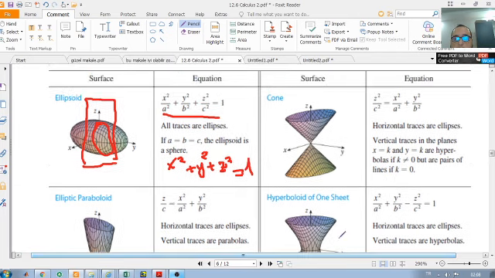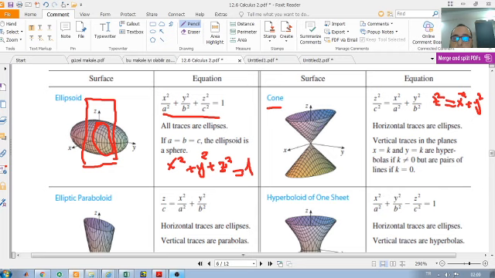The second special surface is called a cone. Its equation is given by z squared is equal to x squared plus y squared. Z squared is equal to x squared is the most simple one of this special surface. So horizontal traces are ellipses. How can you obtain the horizontal traces for this graph?